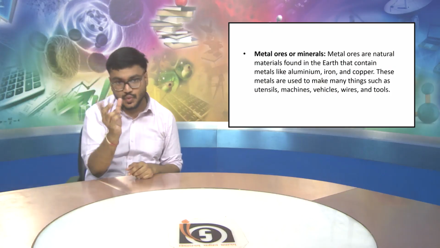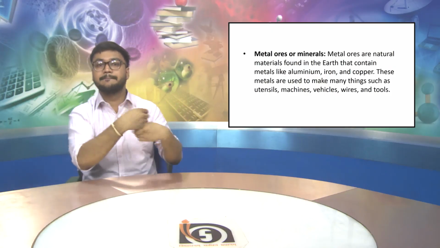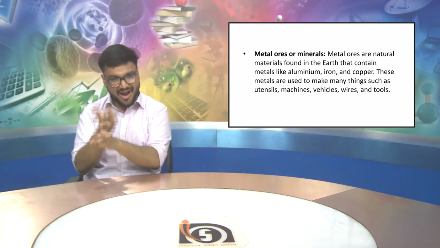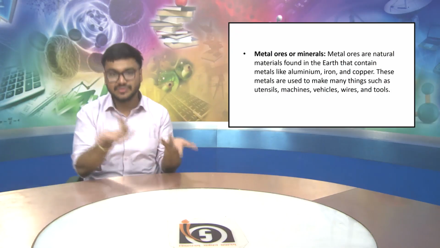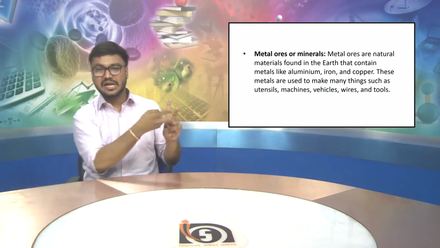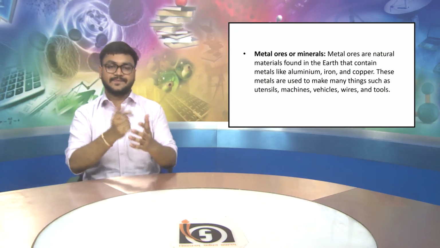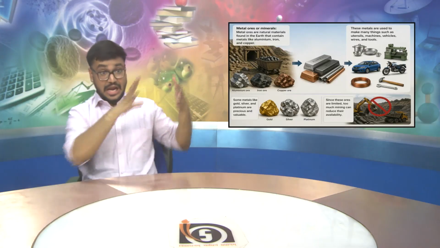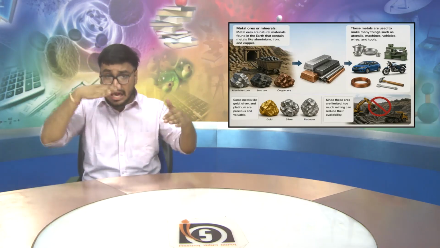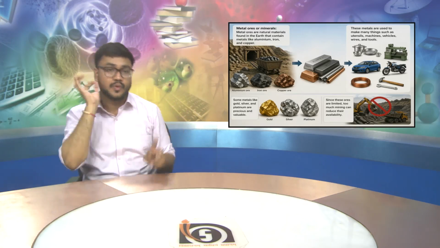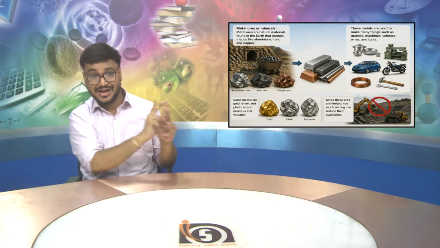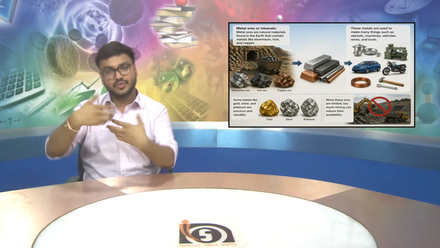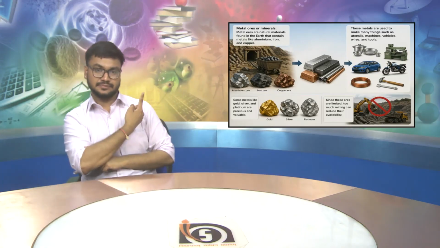These metals are used to make many things such as utensils, machines, vehicles, wire, tools, etc. This picture shows that metal ores are found in the earth, like aluminium, iron, copper.